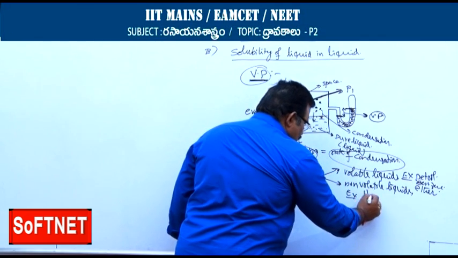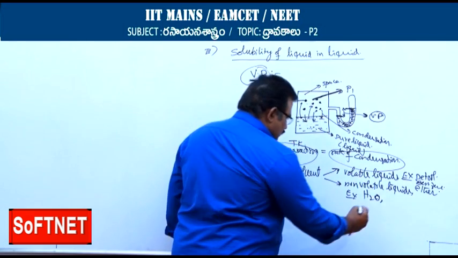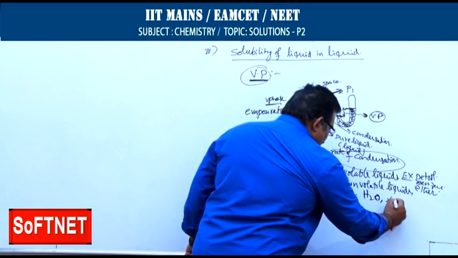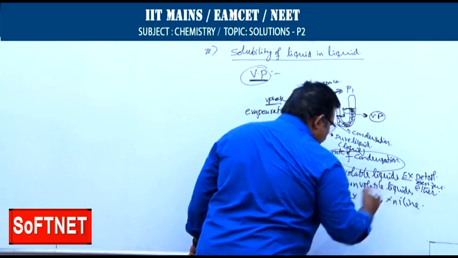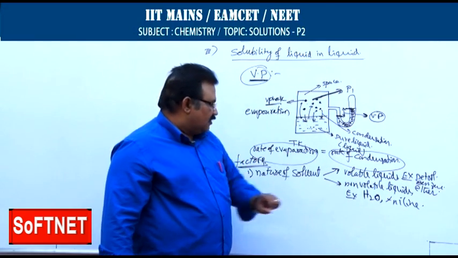Examples: water, aniline. Non-volatile liquids give less vapor pressure.